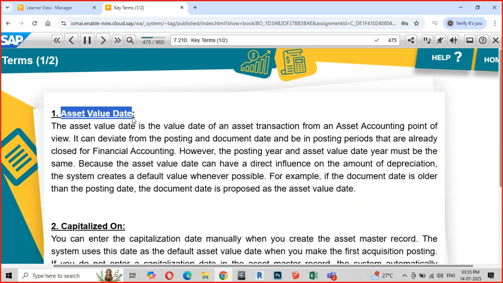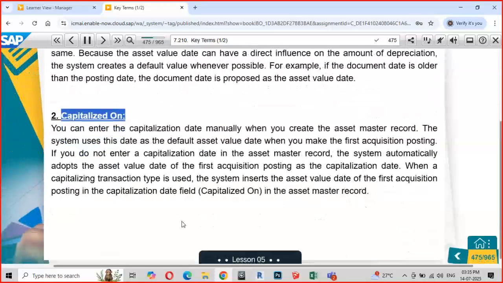Asset value date, date of the asset transaction, date on which the asset is capitalized or put to use or brought into the organization. Clear?